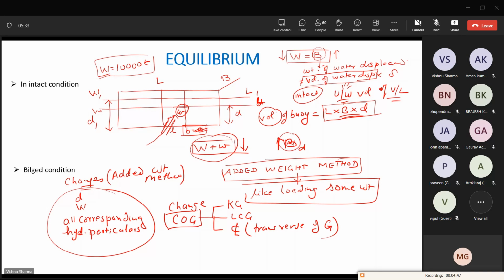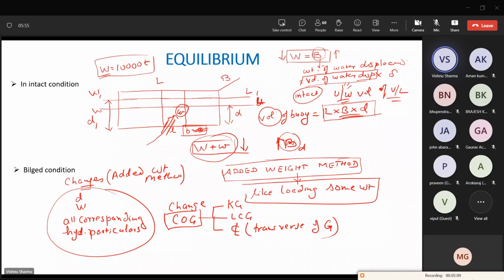Yes, sir. Okay. Why I'm asking you is, if it comes in theory or there is an engagement during orals, then you should not be fumbling. You should be able to express yourself in your own words without messing it up technically. So this method is called the added weight method.